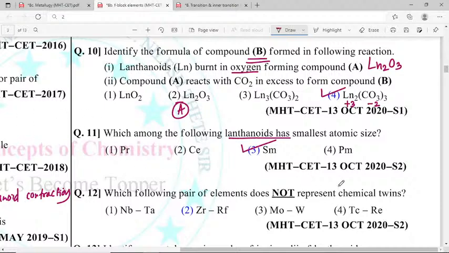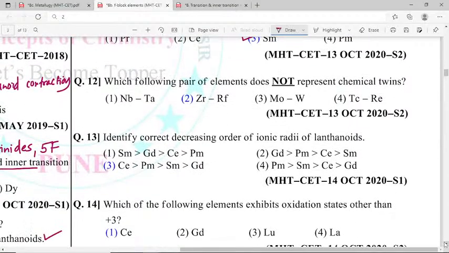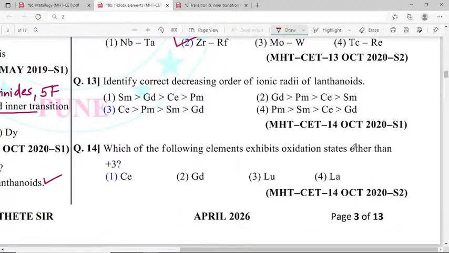Which of the following pairs of elements does not represent chemical twins? Zirconium and hafnium are chemical twins, so that is not the answer. Identify the correct decreasing order of ionic radii of lanthanoids.